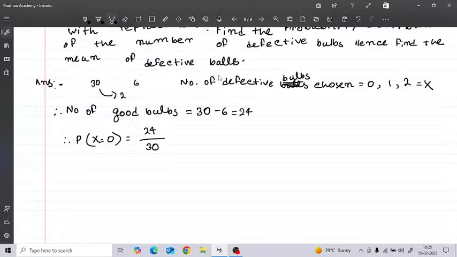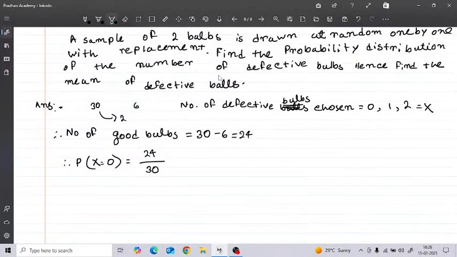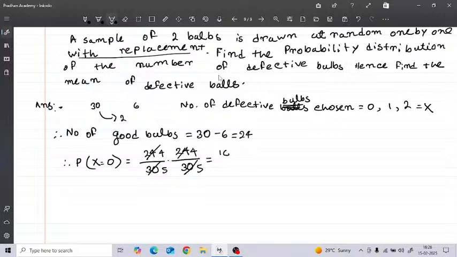Now in the question it is mentioned that it is with replacement. So I chose a bulb and then again put it into the lot, so the number of total bulbs remains the same. So for the second draw, there are also 30 bulbs and the number of good bulbs is 24. So let's cancel it out: 6, 4 and 5, 4 and 5. So 16 by 25. This is case 1, where no chosen bulbs are defective.